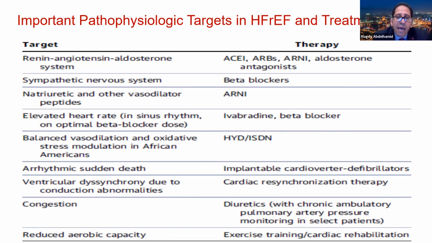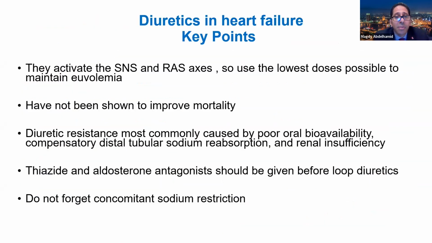And in patients having electrical and/or mechanical dyssynchrony, cardiac resynchronization improves the outcome for patients with heart failure regarding symptoms, quality of life, remodeling, and prevention of sudden death. Congestion can be treated with the use of diuretics, and exercise capacity improved by rehabilitation and exercise programs.